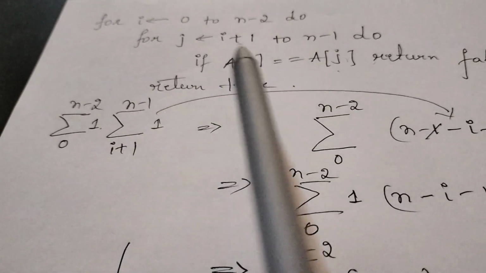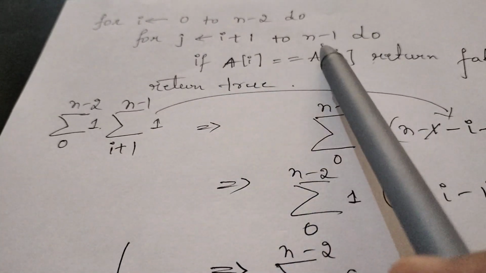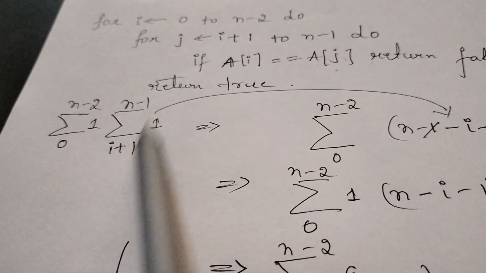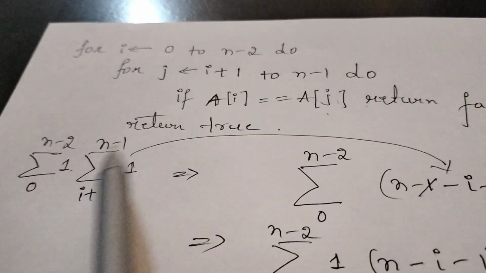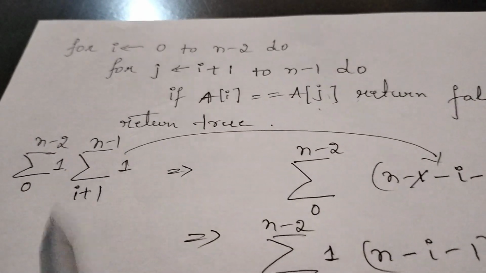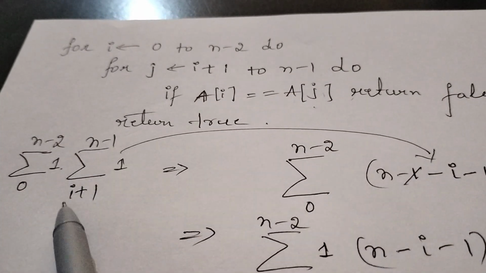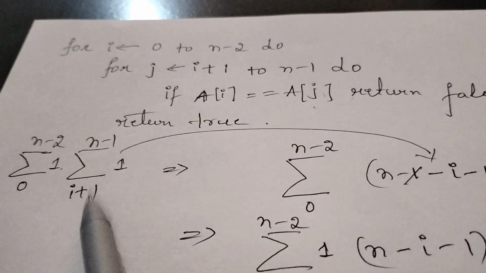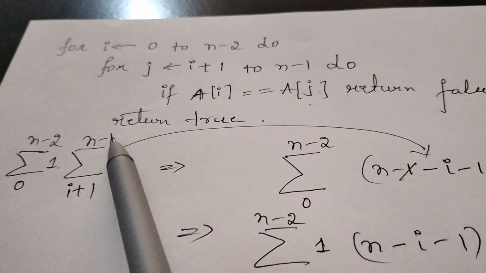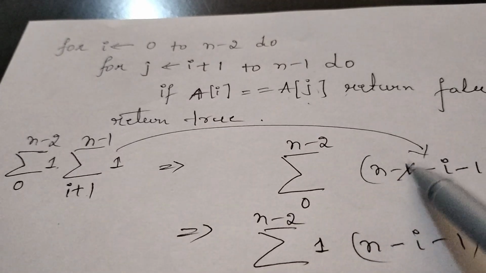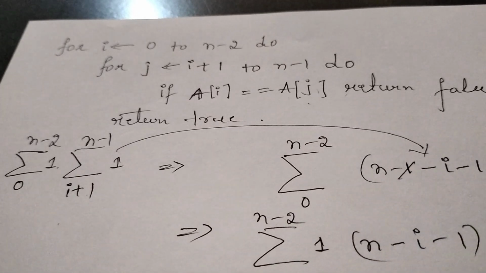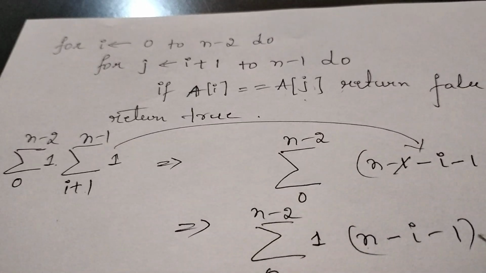Your j loop is starting from i plus 1 to n minus 1, and for each of these we are performing only one operation. If we solve this, it is n minus 1 minus i minus 1 plus 1. So upper bound minus lower bound plus 1. We cancel out the 2 and we will get n minus i minus 1.